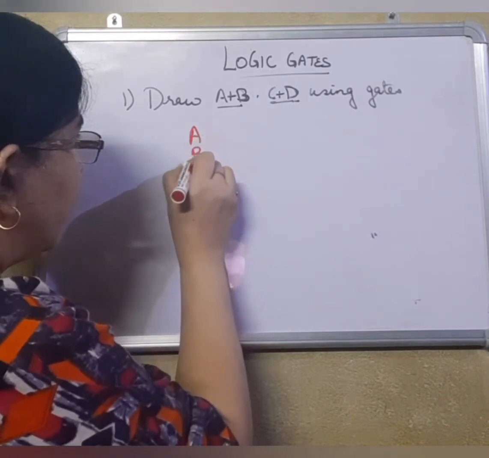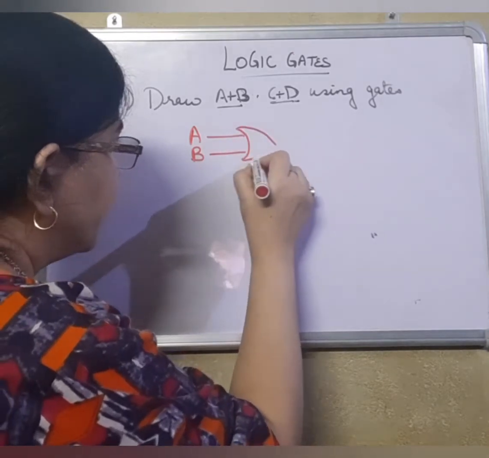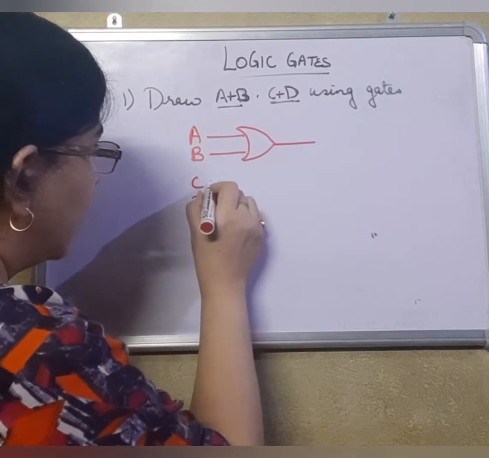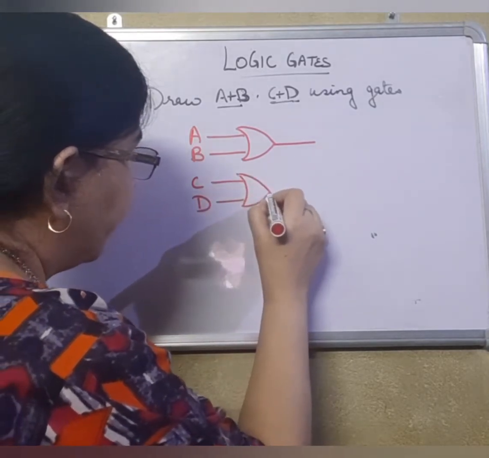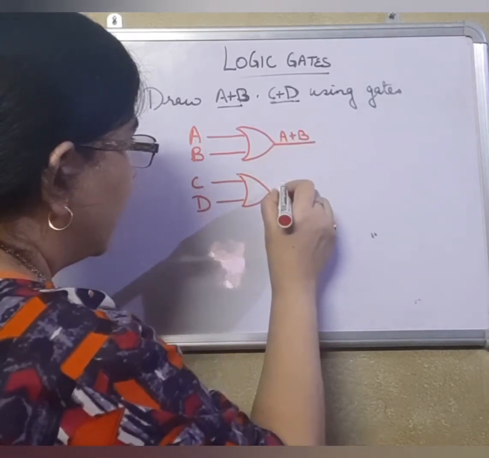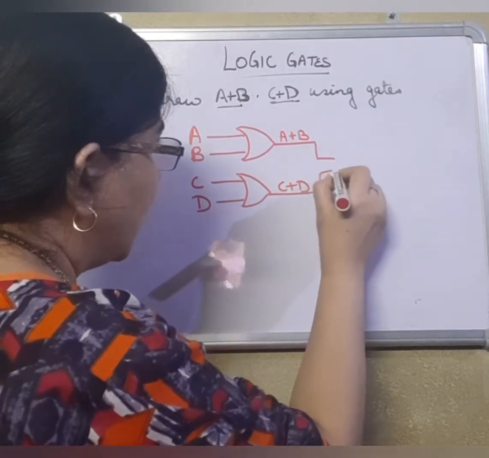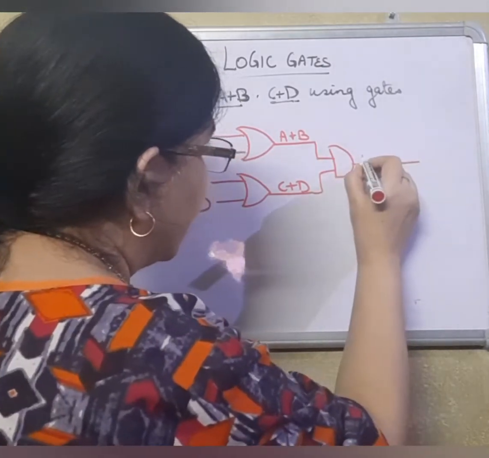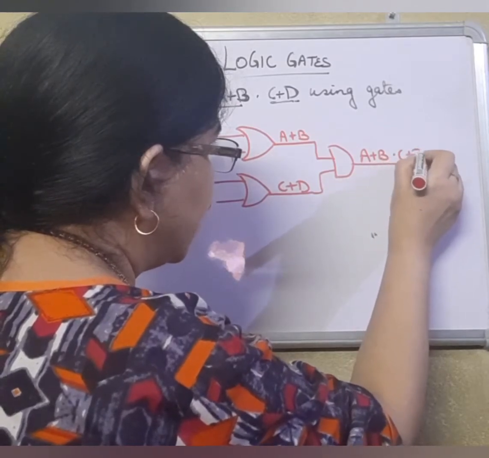A and B will be passing through an OR gate. C and D, OR gate. This is A plus B, this is C plus D. And you can join them. It becomes (A plus B) dot (C plus D).